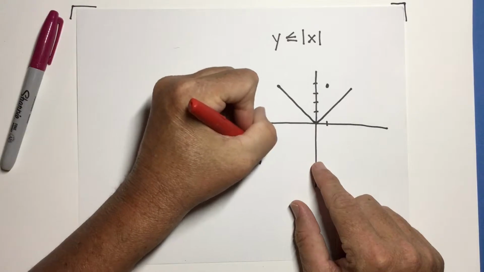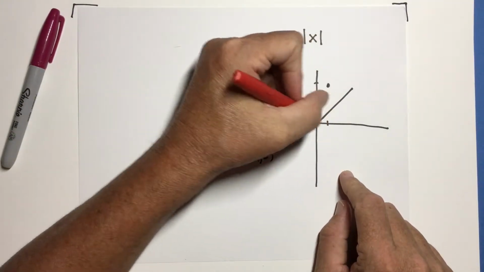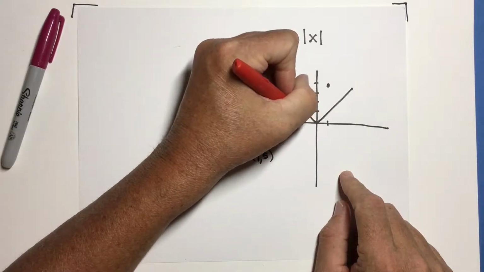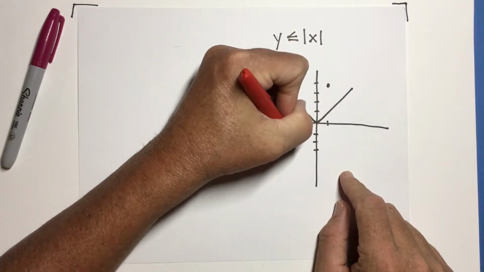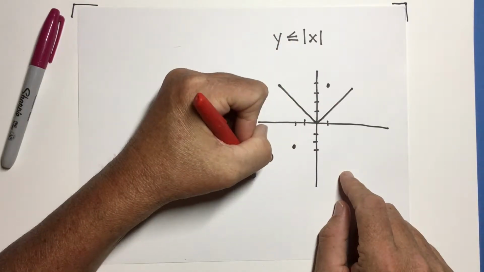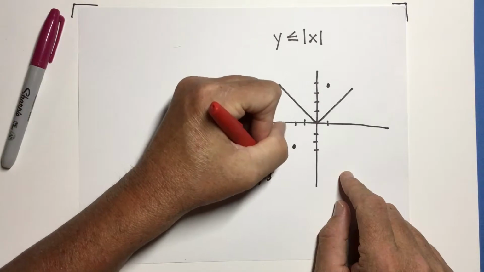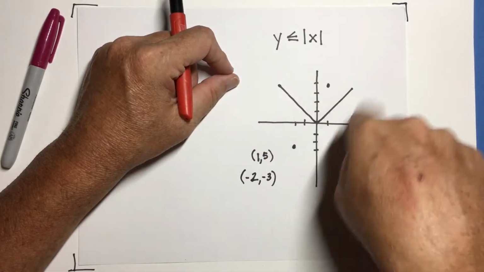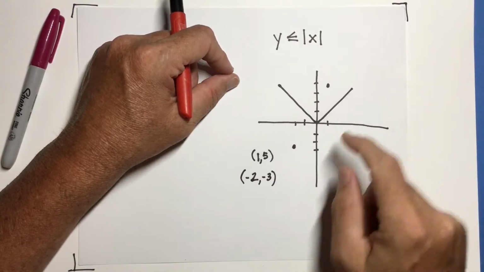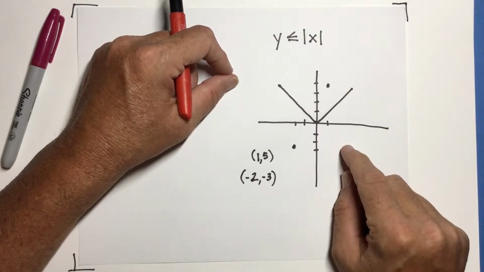And let's pick a point down here somewhere. Let's pick the point 2, or minus 2 rather, minus 3. There we go. Now the point is you want to pick a point that's not on your graph. That's why I made sure to go way up here and then of course come down here. Pick any point not on your graph.